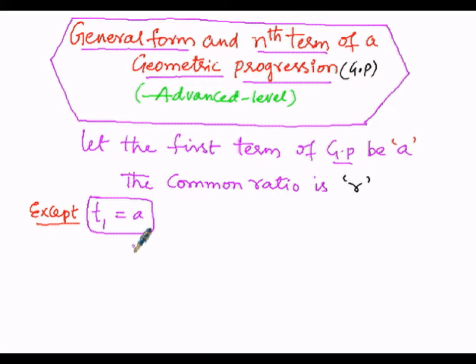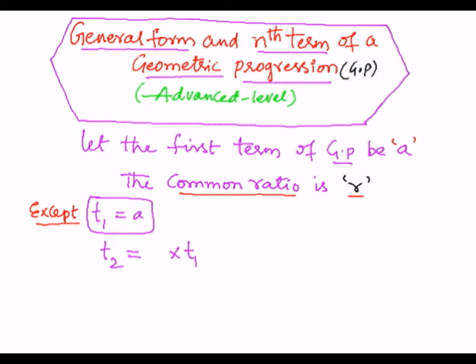In order to get the second term, T2 can be obtained by multiplying the preceding term. The preceding term of T2 is T1, that is the first term. It must be multiplied with the common ratio. We have assumed the common ratio as r.